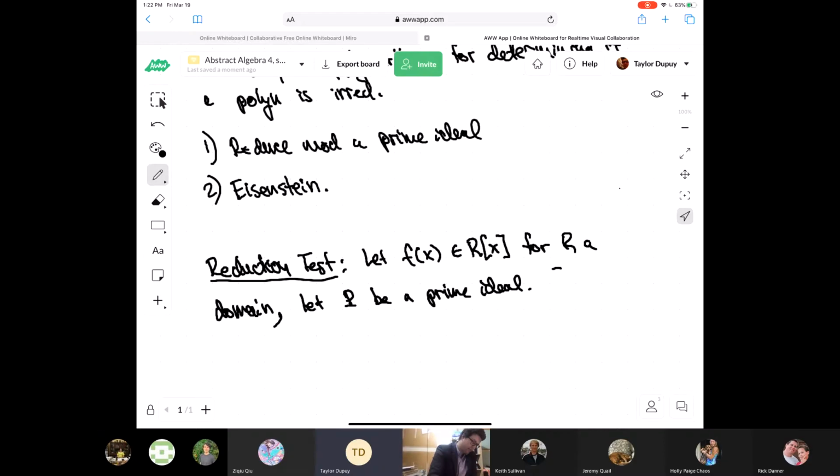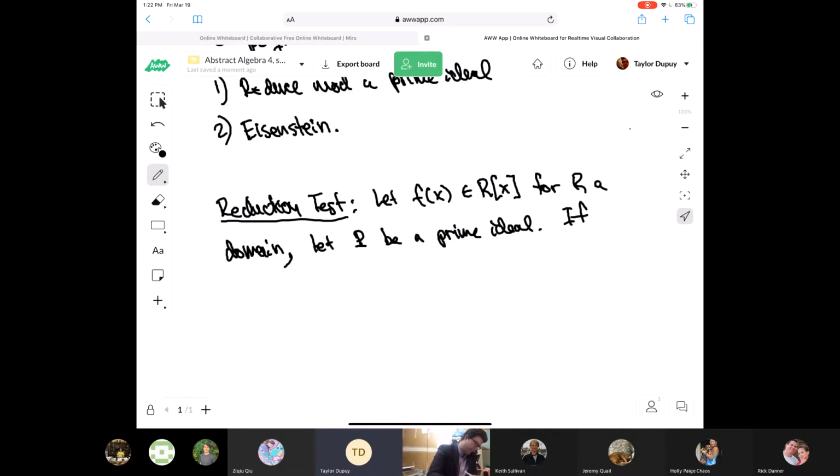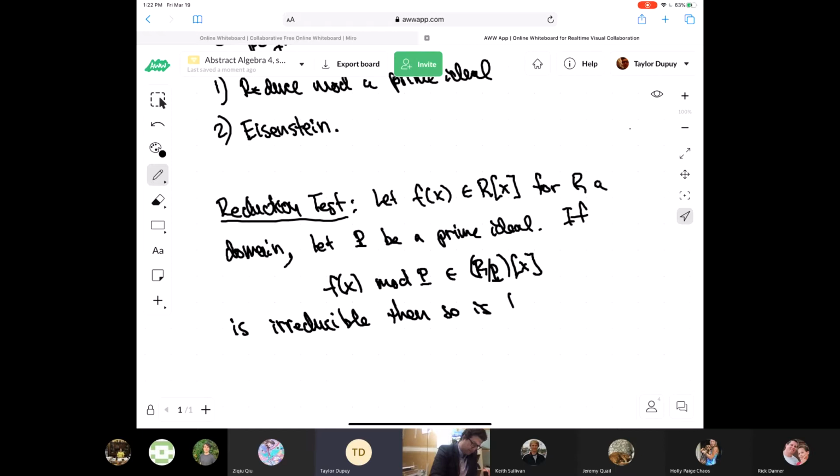And so if f of x mod P, in R/P[x], is irreducible, then so is f of x.